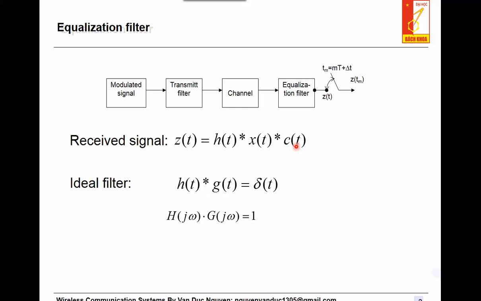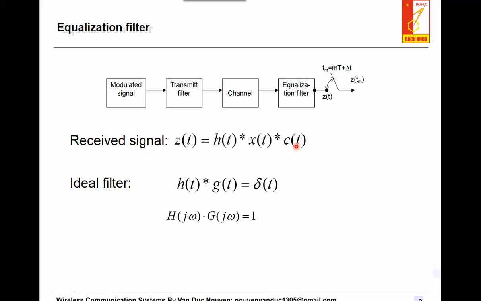So there are three important components in the mathematical description of the receiver signal: the channel convolved with the transmitter filter, and also with the impulse response of the equalization filter.